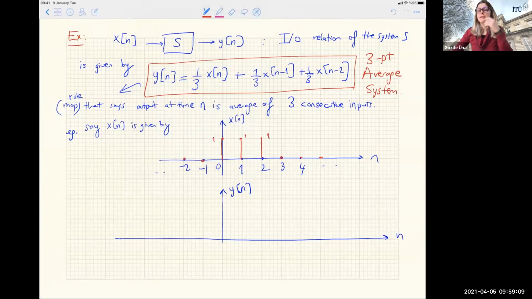So let's say my signal is just 3 non-zero values, 3 data points at time points n equals 0, 1, and 2. Now with this averaging system, just look and see how you can calculate the output. It's really taking the average of 3 consecutive values.